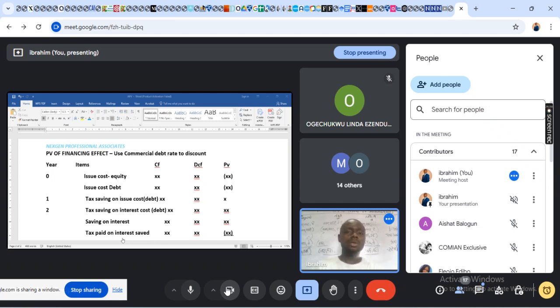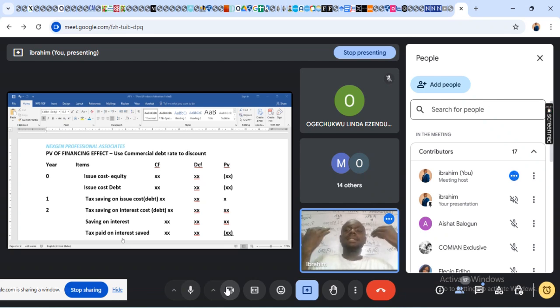Now, as a company, there is a cost on it because you pay back. There's no obligation, but you pay back. That cost is what we call issue costs. Or issue cost could be a transaction cost. You use a broker, for instance. In the process of withdrawing your funds, there is a transaction cost. That is issue cost.